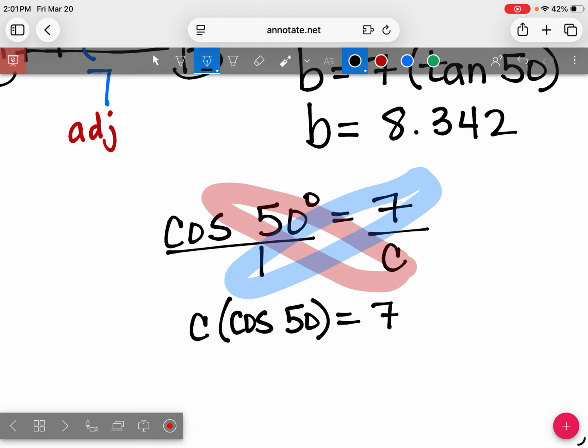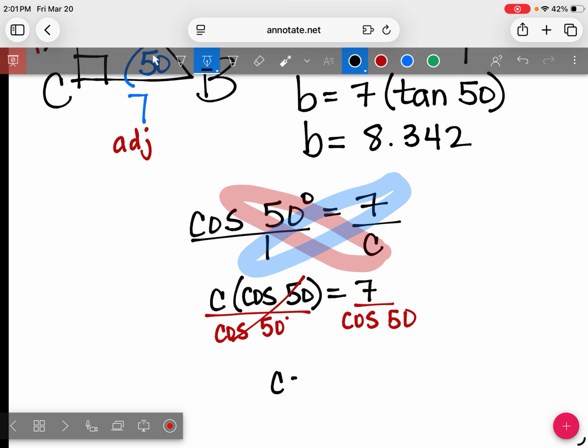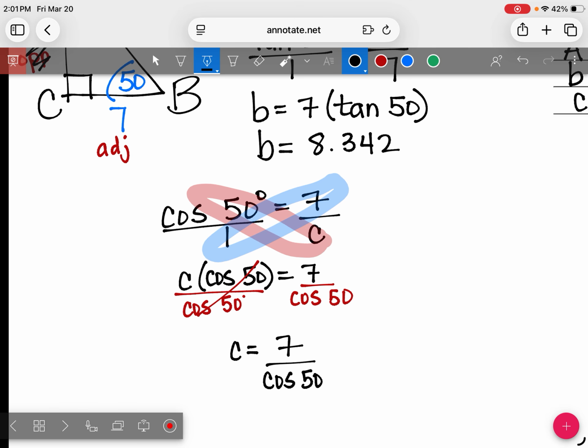So now I have to do what to solve for c? Divide, because c is being multiplied by the cosine. So this is our first time we've actually had to divide. So c equals 7 divided by cosine of 50. So go ahead and type that in your calculator.